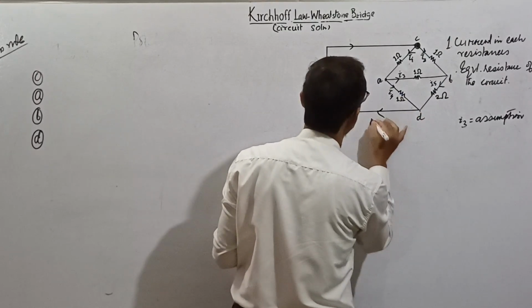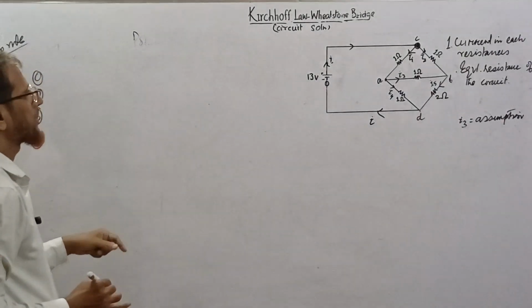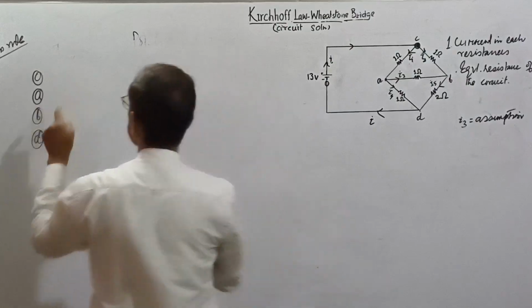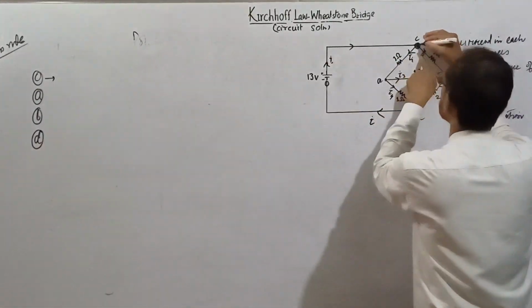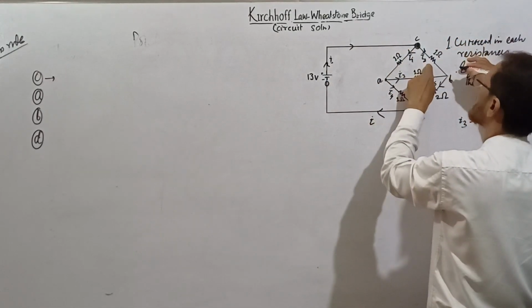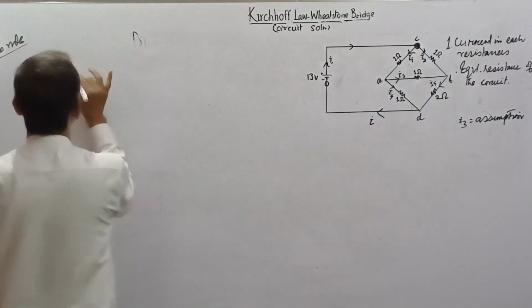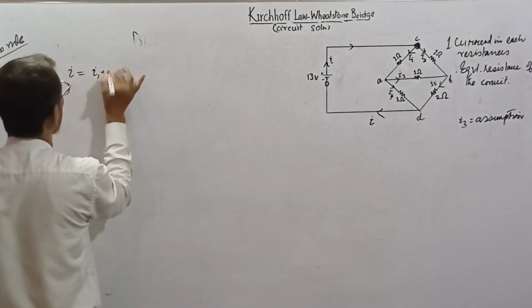So this is again I. So junction rule at C, I have written at C. At C, what happens? When you see C, this current I enters and these two leave. Leaving means minus, entering means plus. That is, I is equal to I1 plus I2.